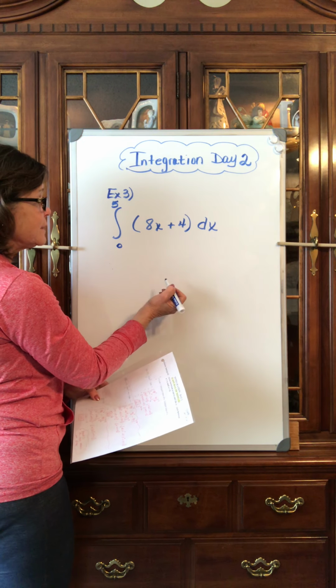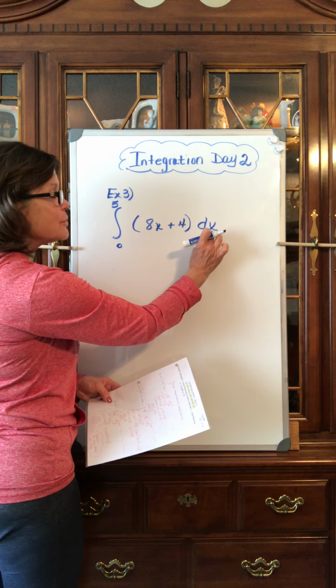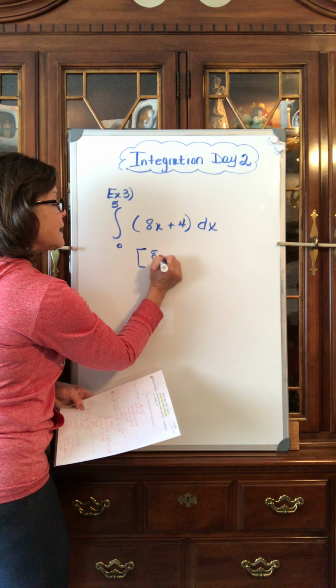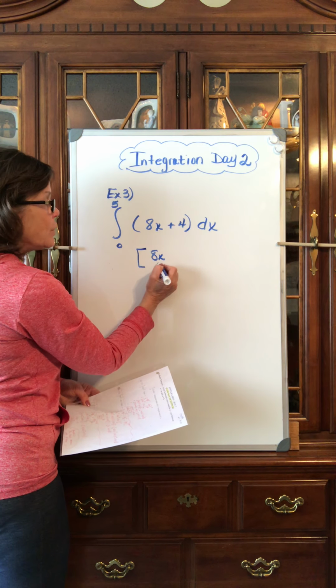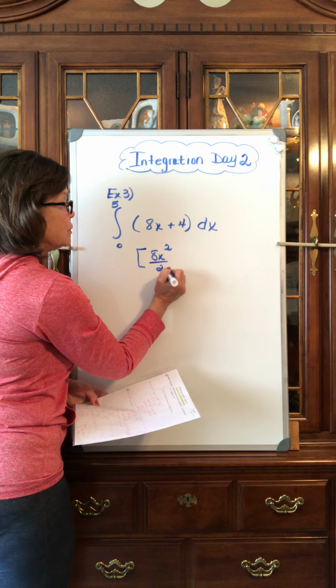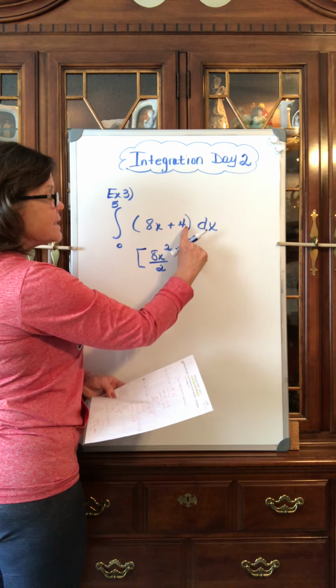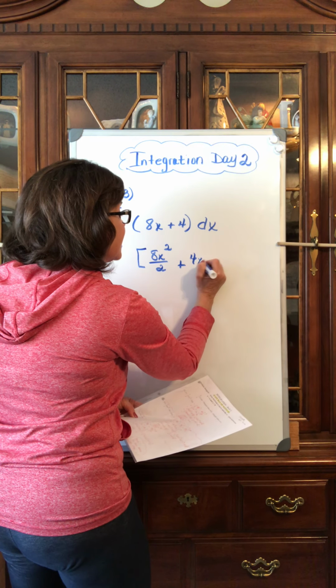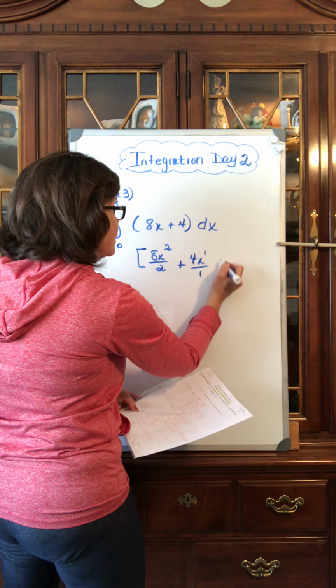First thing we're going to do is the integration, drop off the integration symbol, drop off dx. So when I integrate, it'll become 8x. The exponent here was 1. Bring it up, so it'll become an exponent of 2 divided by 2. This is 4x raised to the 0, so bring it up by 1. 4x raised to the first divided by 1.